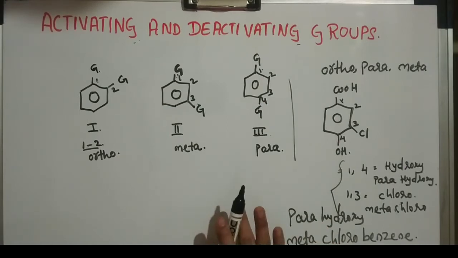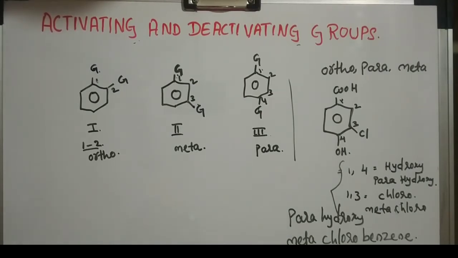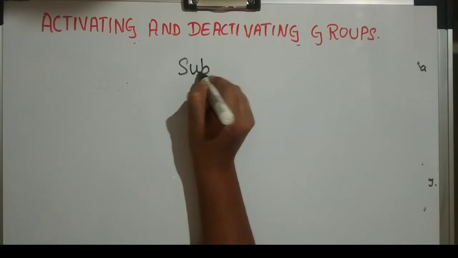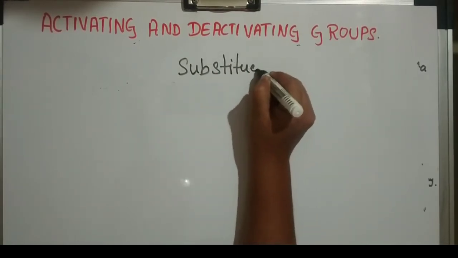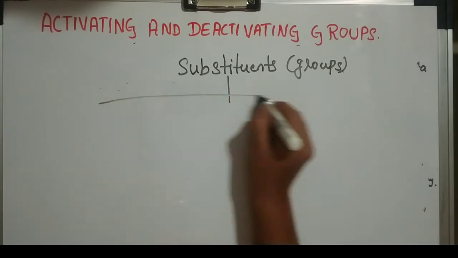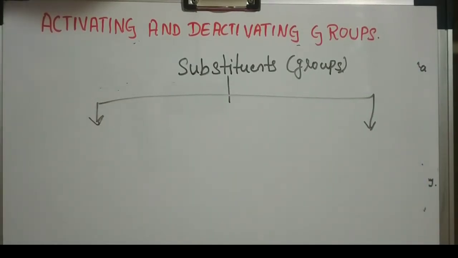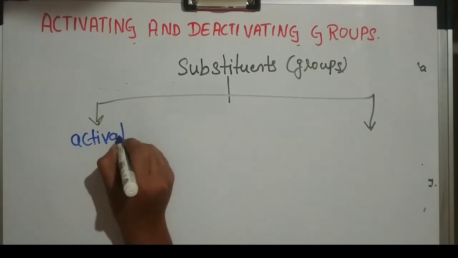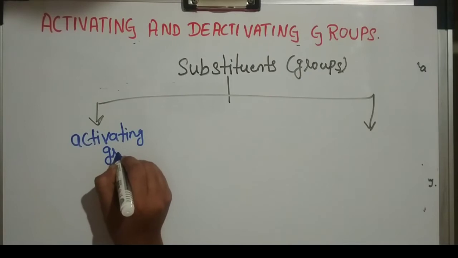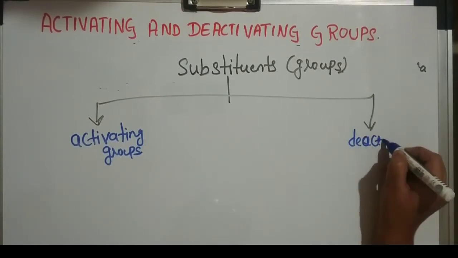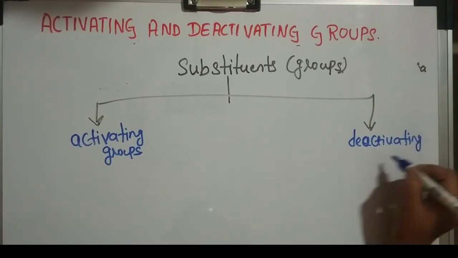Now on the basis of this, the various substituents or groups can be divided into two categories: activating groups, and on the other side, deactivating groups.